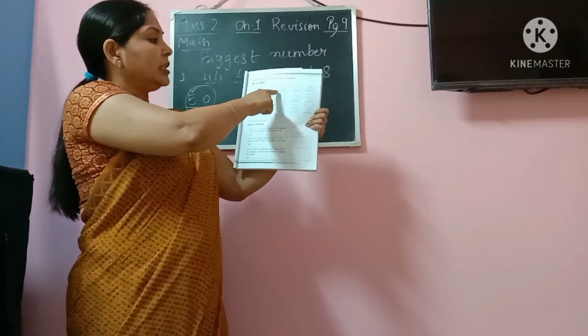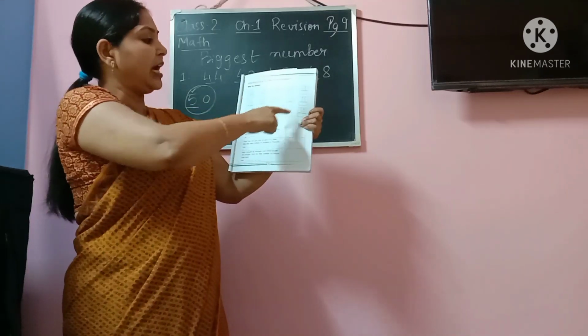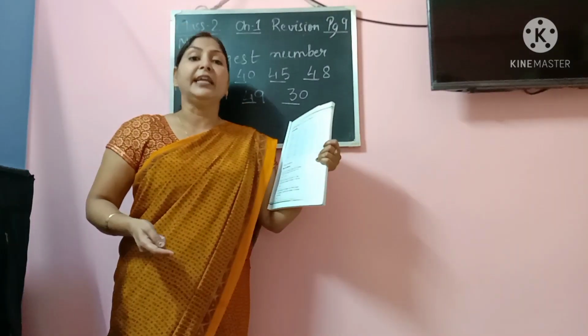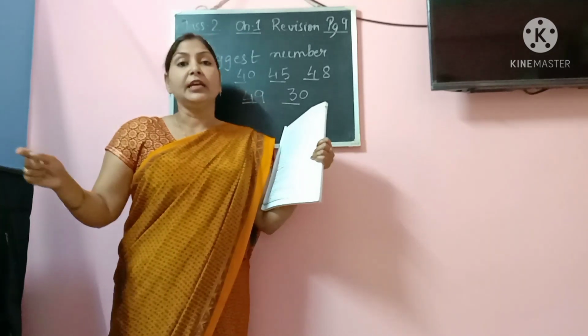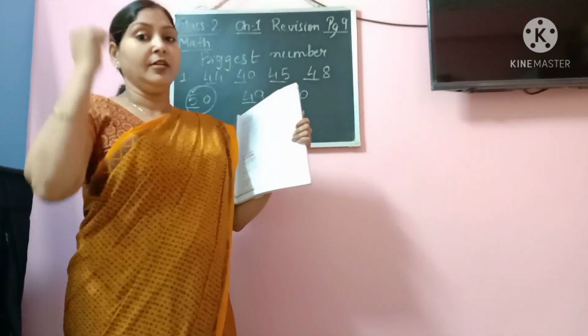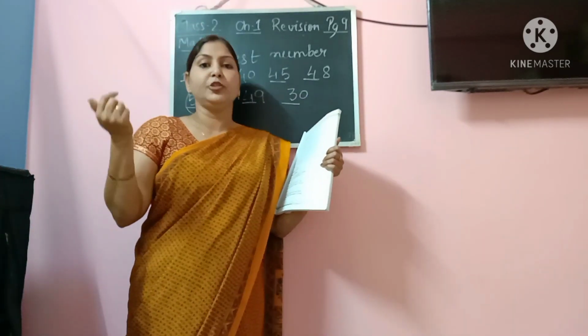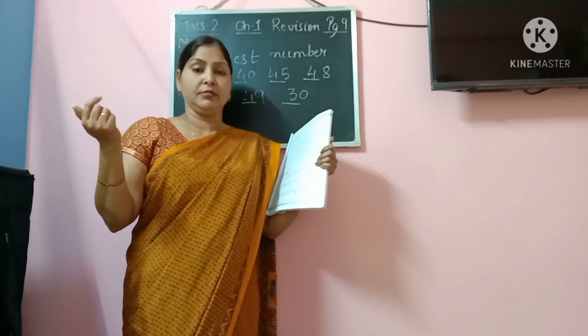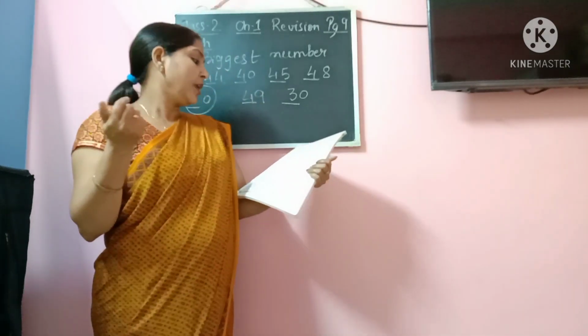You need to know the tables of 2, 4, 3, 5, 8, 7. So till 10 at least you have learnt in class 1. Okay, tables. But in class 2 you have to learn more tables. Like 11, 12, probably till 15 also if you can learn, that's good for you. Okay. Now look here.